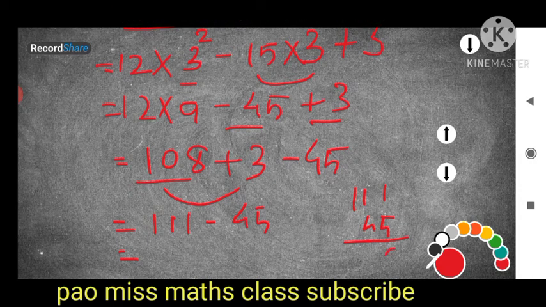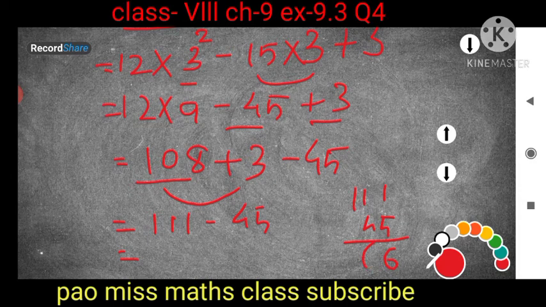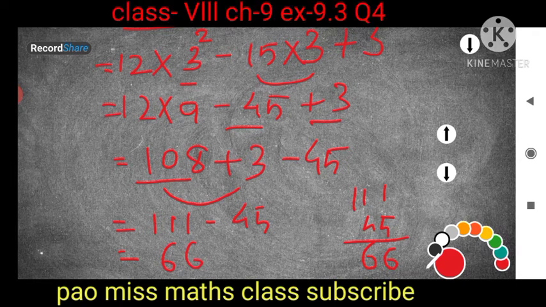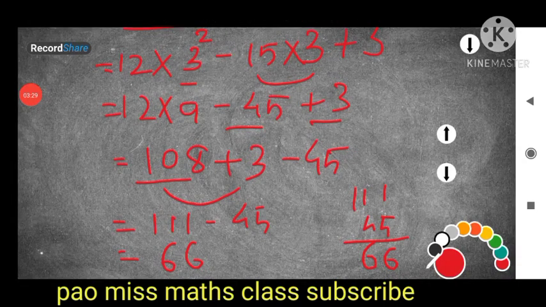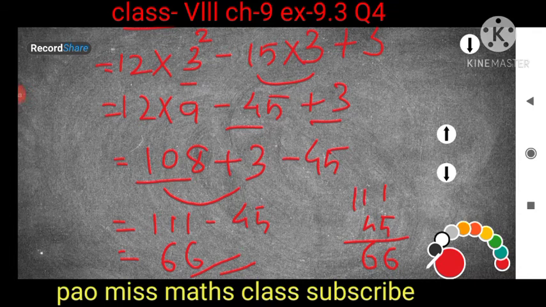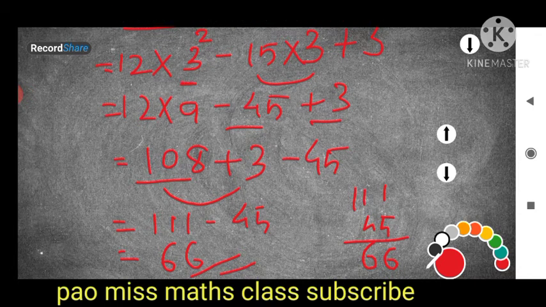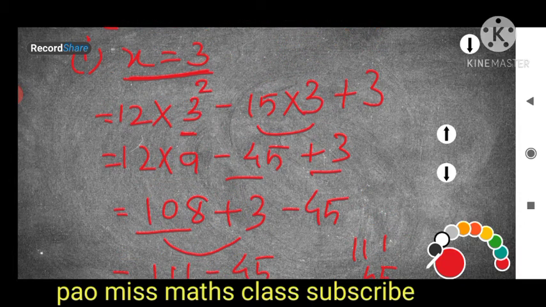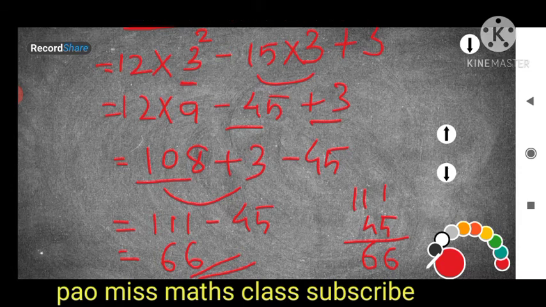You will get 66. So the answer is 66. So in this way you will do. First you will simplify and then whatever x value is given, that value you will put. Here the x value is 3, so in place of x we have put 3. So we got 66. Now 66 is the answer.